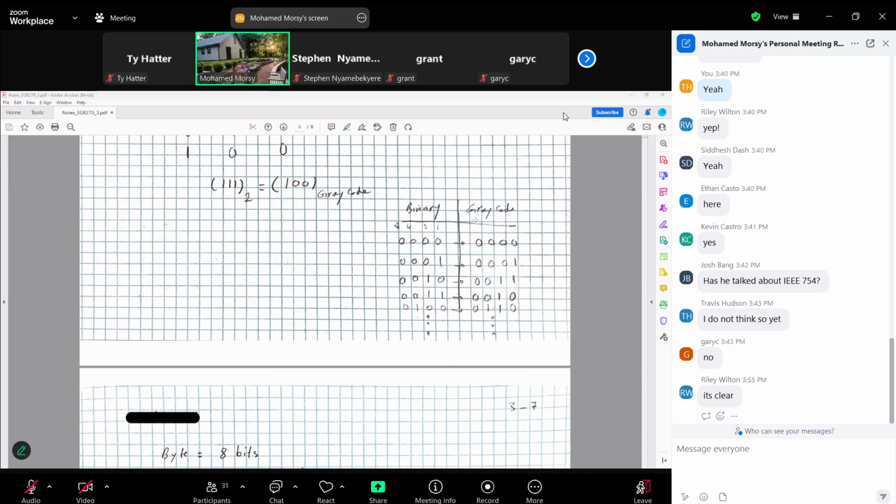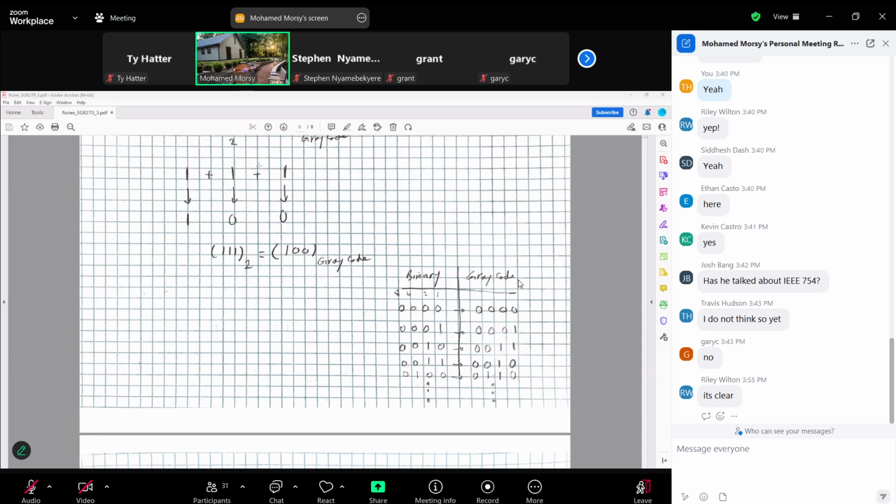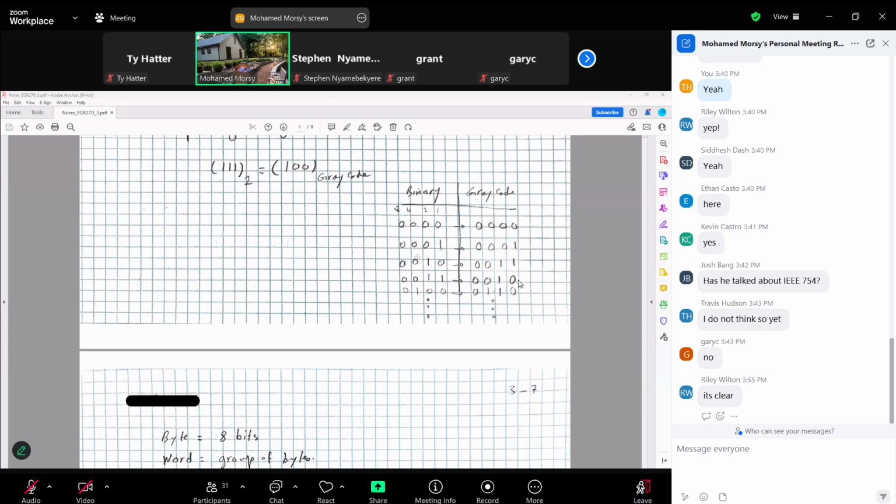The corresponding gray code for each binary number here is this one. So 0000 is 0000, the same as we used here. 0001 is 0001, the corresponding gray code. 0010: drop the first bit, as it is, so 0, then 0 plus 0 is 0, then 0 plus 1 is 1, 1 plus 0 is 1.